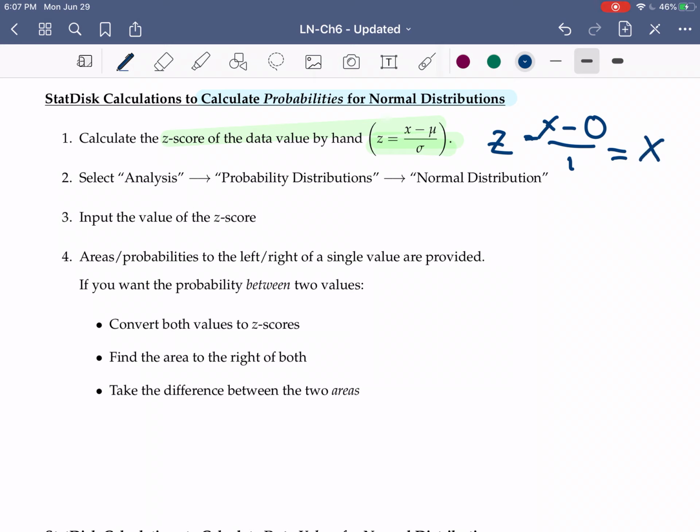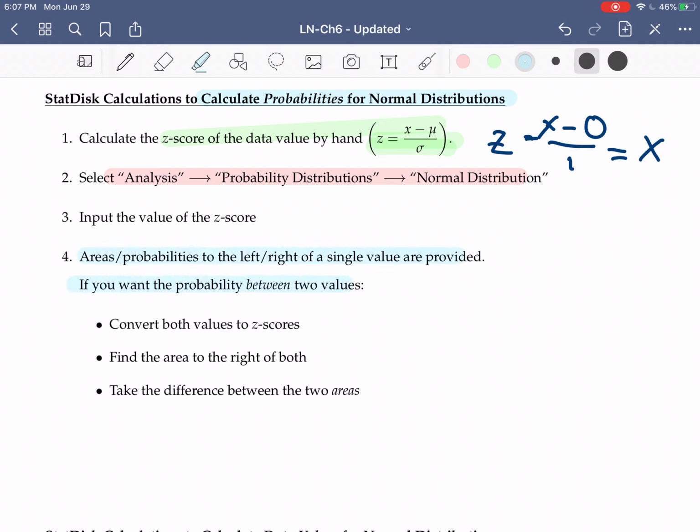But I want you to get used to this: the idea is that we're going to convert from a data value to a z-score, and then we're going to input that z-score into StatDisk. So we select Analysis, Probability Distribution, and then Normal Distribution. We input the value of the z-score, and we then determine: are we trying to find an area to the left, an area to the right, an area between, and so we find those.